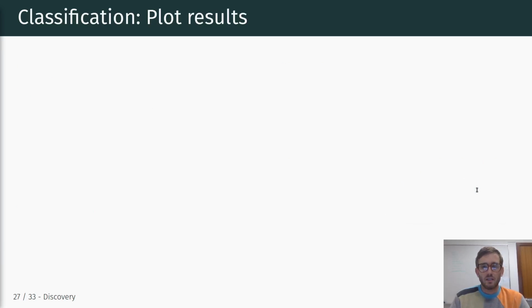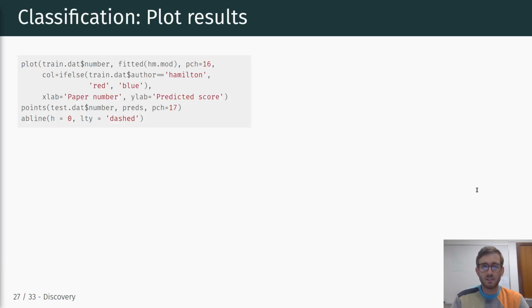We can plot these results to get a better overview of how this prediction looks. Specifically, on the x-axis we have the actual number of the essay, so basically just a range of all the letters.